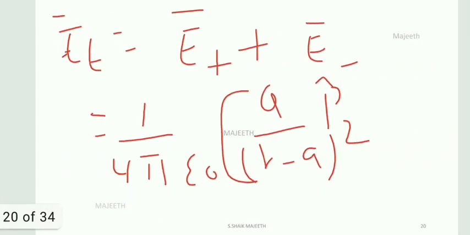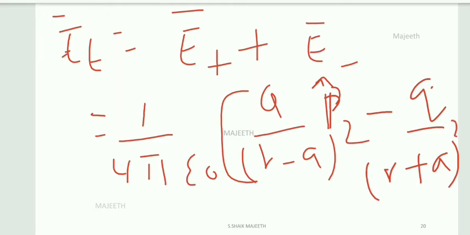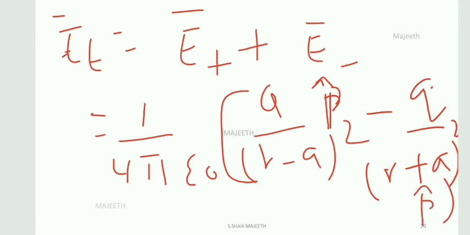So when I put this one, what is happening? Okay. So Q by R minus A whole squared minus Q by 4 pi epsilon naught, it is P cap, Q by R plus A whole squared into P cap, right? Okay, so next we have to simplify.